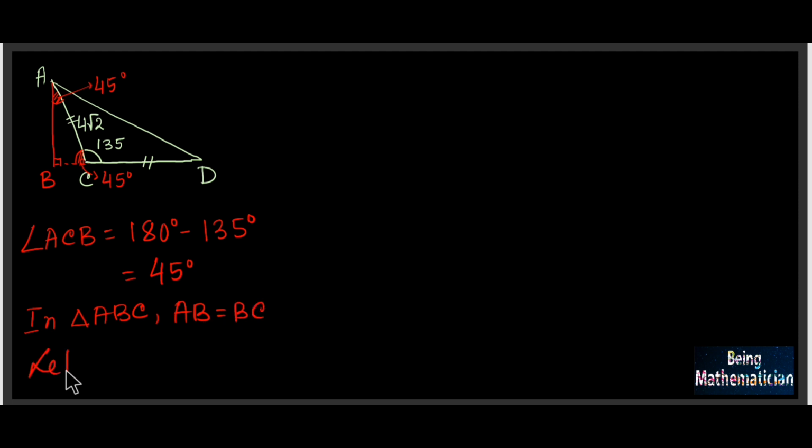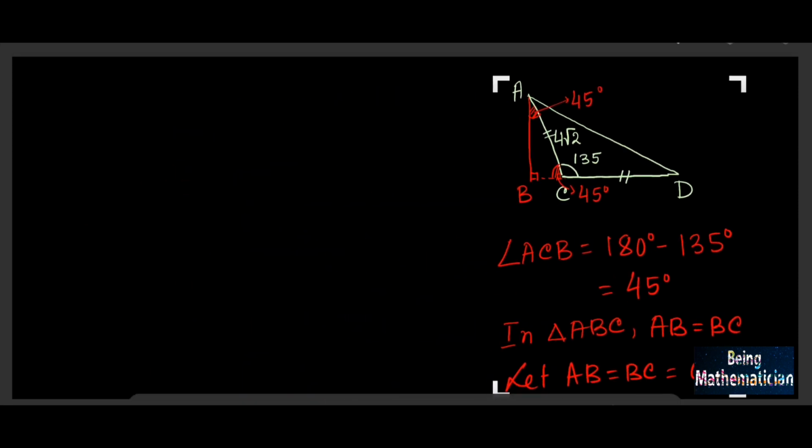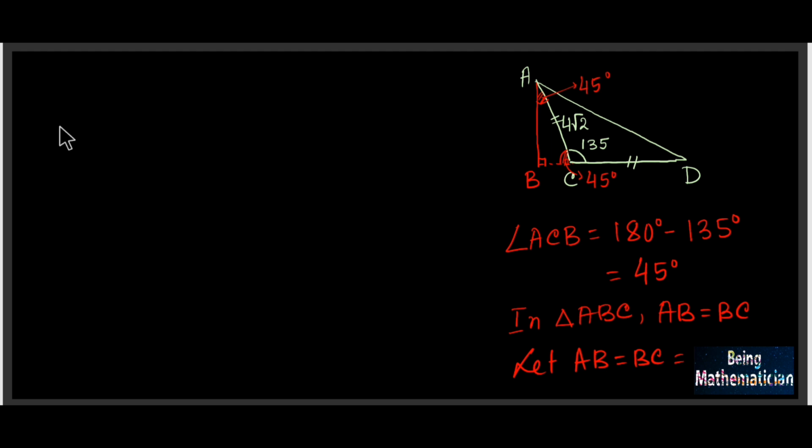So let AB equal to BC equal to a. So now by Pythagoras theorem, we can write a square plus a square is equal to AC square. Now AC is given as 4 root 2. So 4 root 2 square is 2a square.